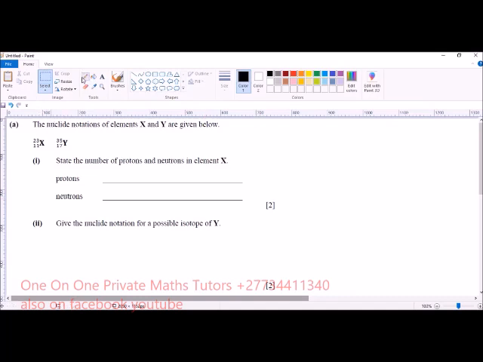So, what do we have here? The nuclide notation of elements X and Y are given below. So, first we must understand what the nuclide notation means. All right. When we have the X, it is giving us the element symbol.